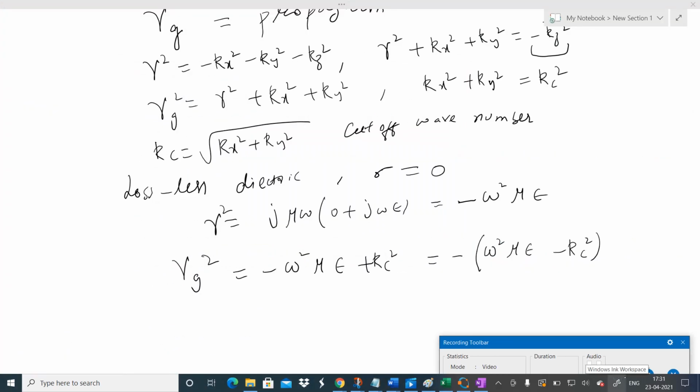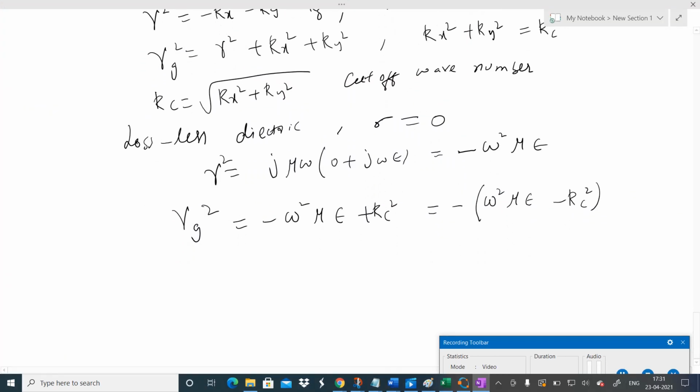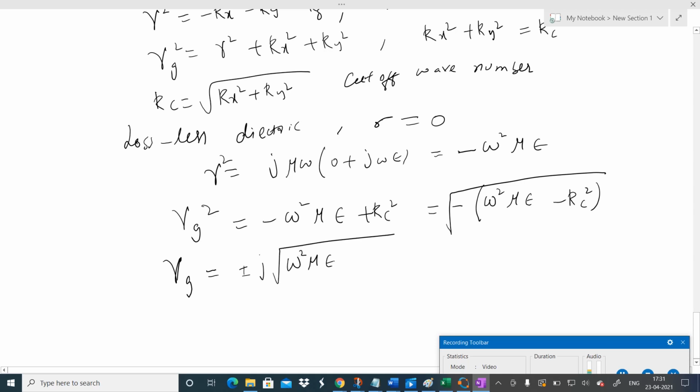So then I will write gamma g as, since there is a minus outside, when I take the square root of this, the imaginary term will come here, j, of course plus minus, the square root of omega square mu epsilon minus kc square.